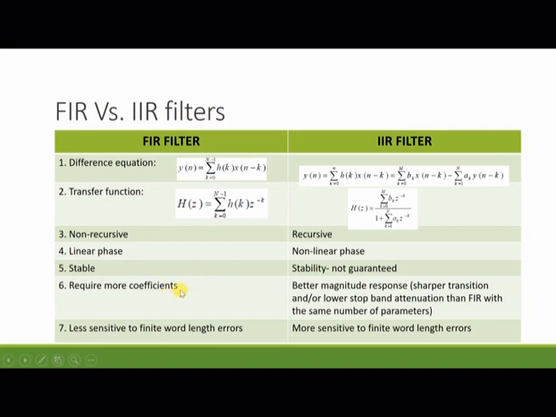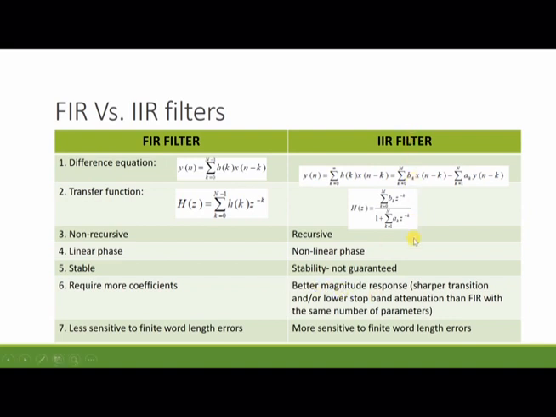Now, given the filter design problem, an FIR filter fulfills the requirement with more filter coefficients. This is the limitation on the part of the FIR filter, whereas an IIR filter will fulfill that requirement with fewer filter coefficients. Since an FIR filter requires more coefficients, in turn the hardware requirement will be more and the memory requirement will be more in comparison to an IIR filter.